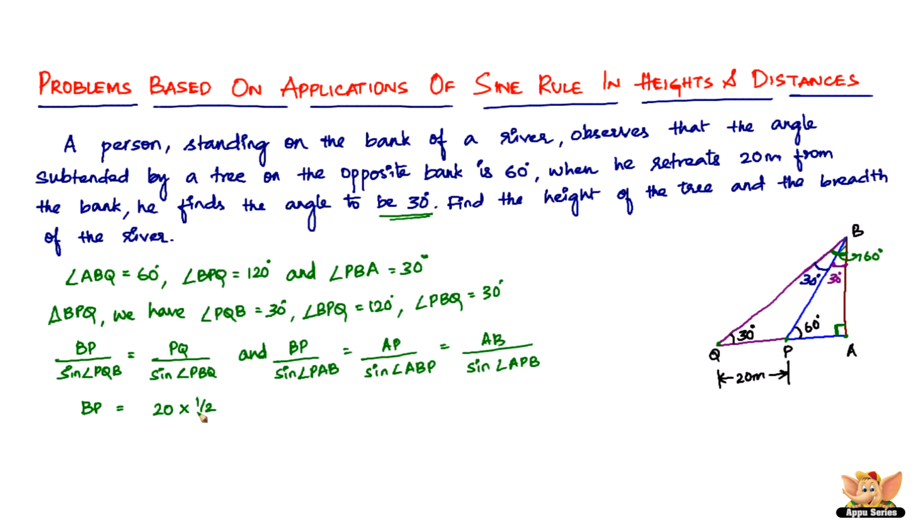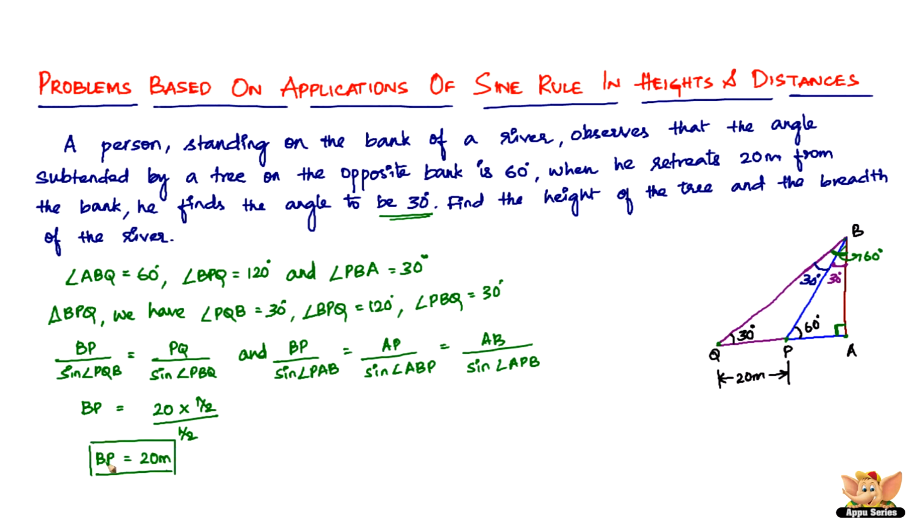So 20 times half divided by sine of PBQ, which is 30 degrees again. So we have another half divided by another half. Sine of 30 degrees is half. So half and half get cancelled, and we have BP equals 20 meters.